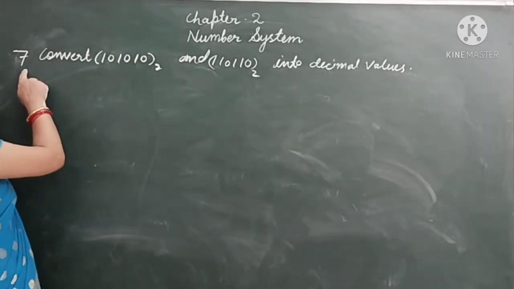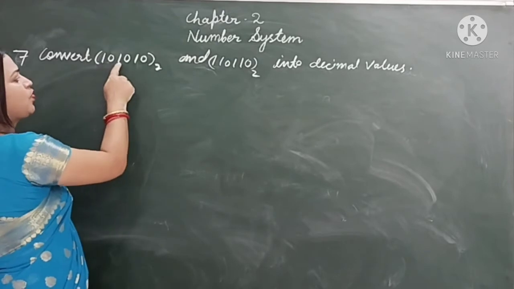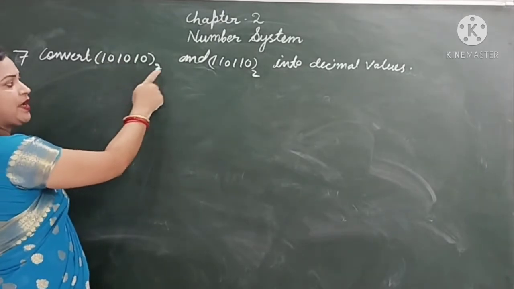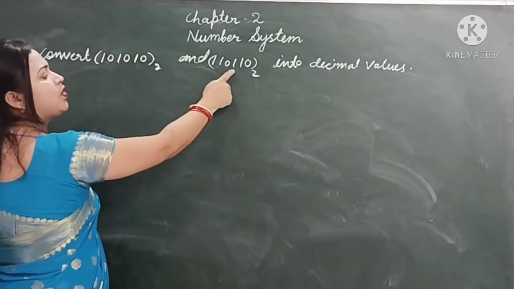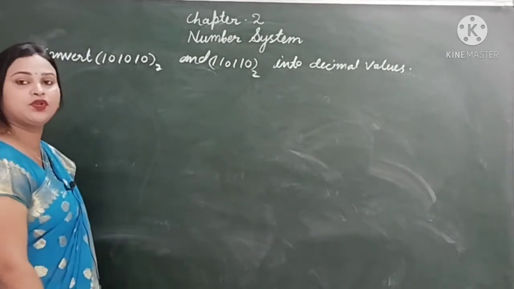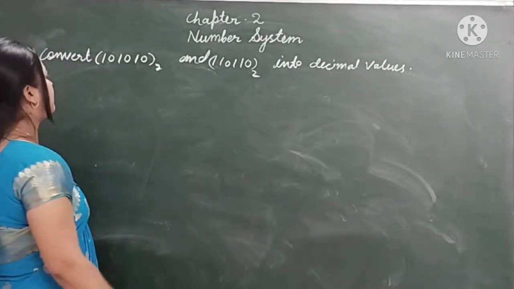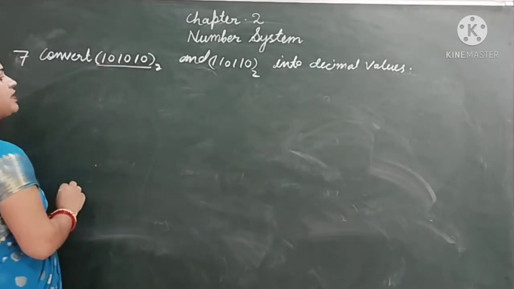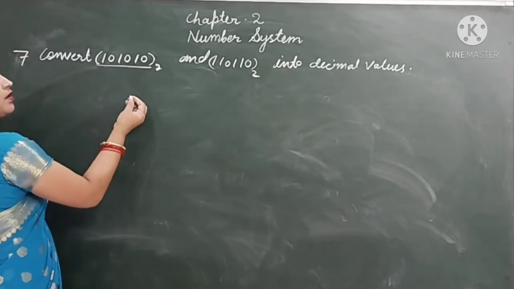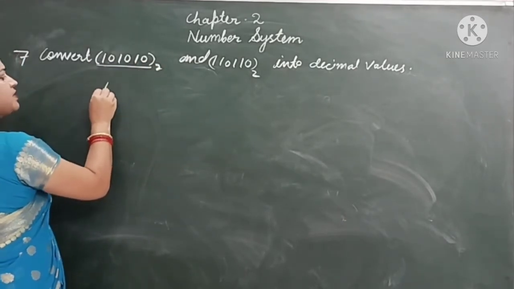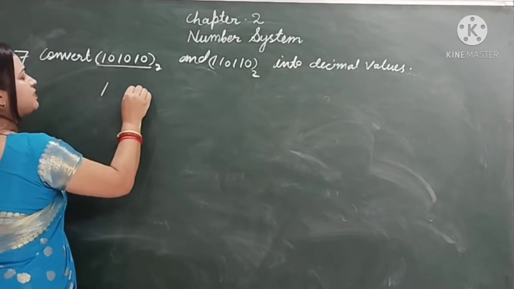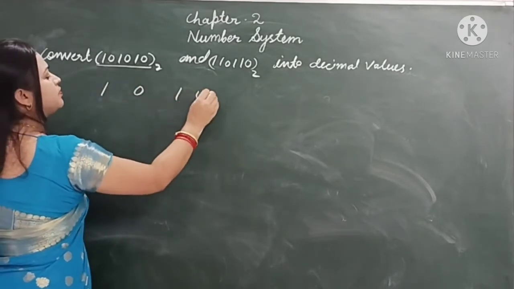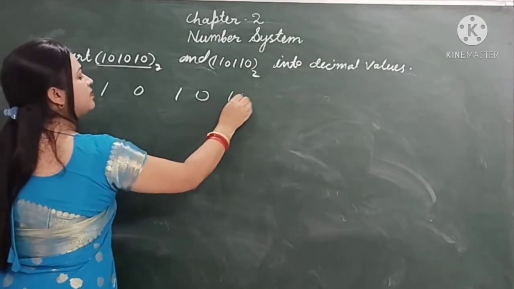Now question number 7. Convert 101010 base 2 and 1101110 base 2 into decimal values. So let's start. First we'll solve this part. What to do? Again we have to write the digits on a proper distance: 1 0 1 0 1 0.